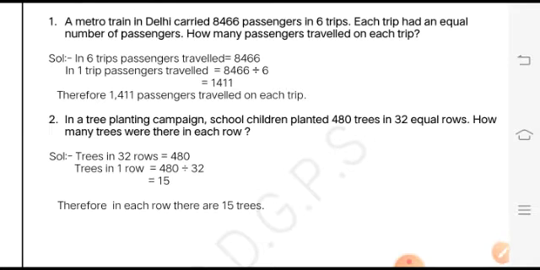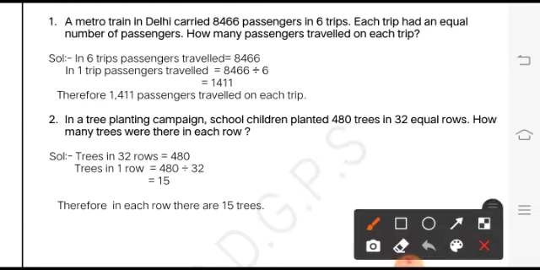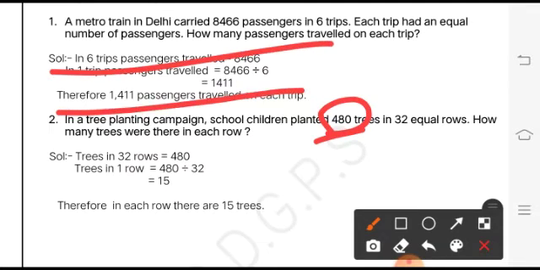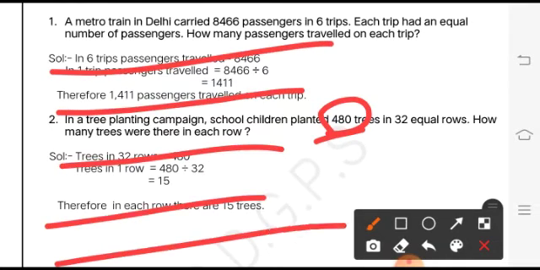Next is, in a tree planting campaign, school children planted 480 trees in 32 equal rows. How many trees were there in each row? The question is that there was a tree planting campaign in a school, and children planted this many. This was the total number of trees that were planted, and they planted them in 32 equal rows.